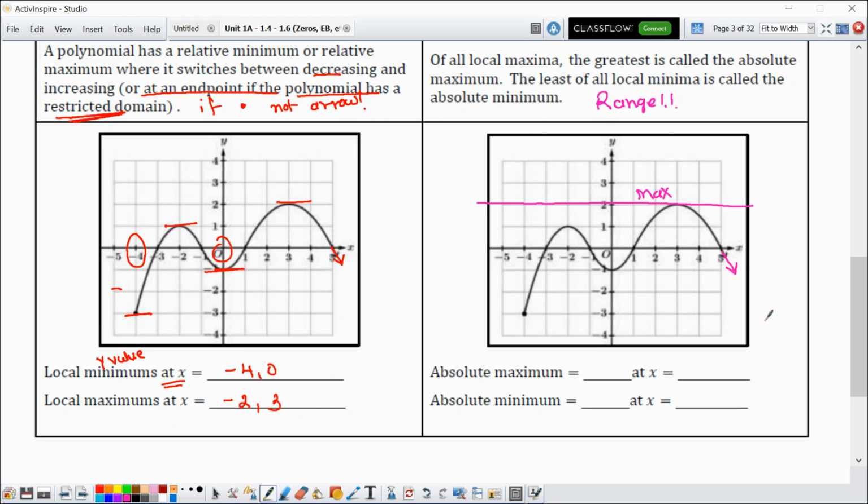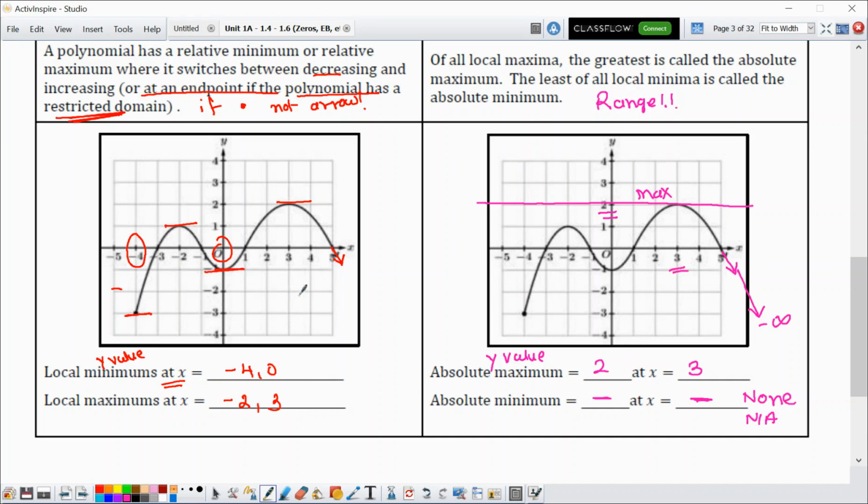The arrow is pointing down, which means it goes to -infinity, so the absolute maximum value is 2, at x equal to 3. For the absolute minimum, the graph goes forever down to -infinity, which means there is no absolute minimum, not applicable.